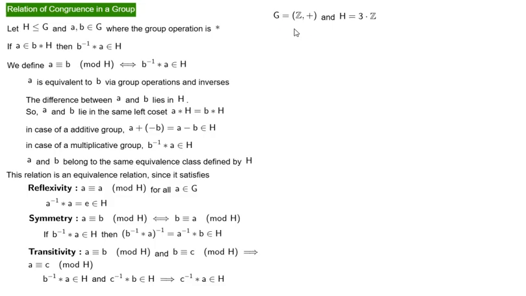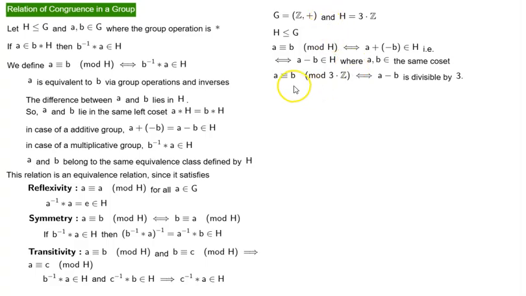So we have a group of integers under addition and a subgroup 3 times Z. Here H is a subgroup of G. Since it is under addition, we say A is congruent to B mod H if and only if A plus minus B, that is, A minus B, is in H, where A and B are in the same coset.